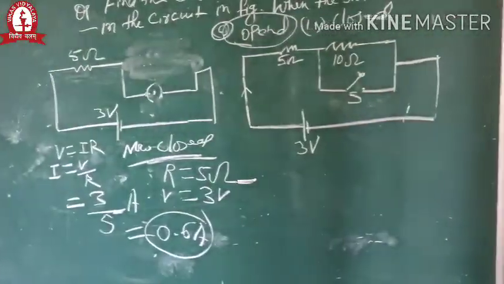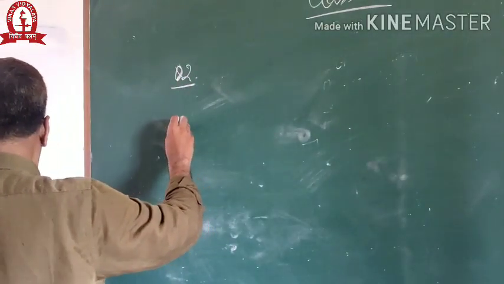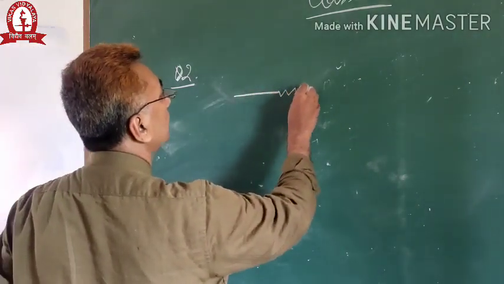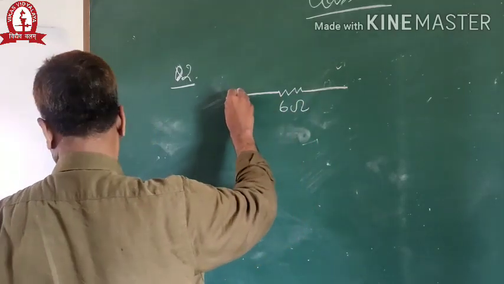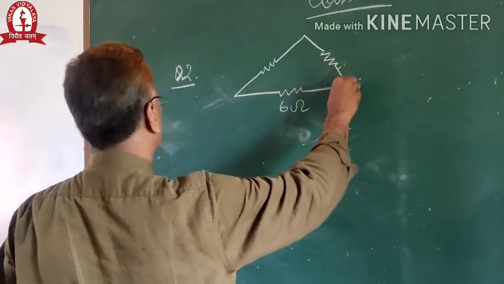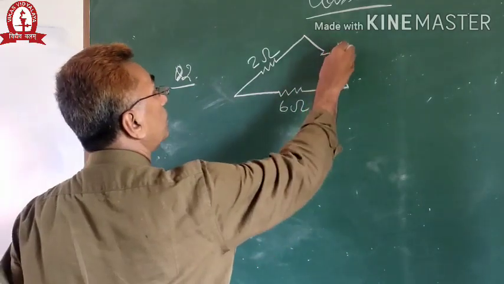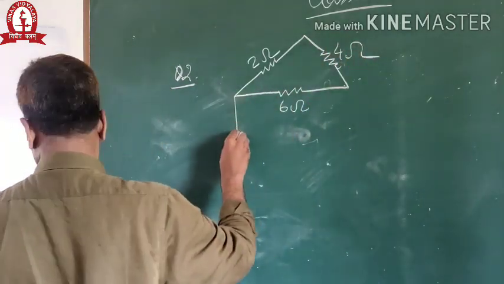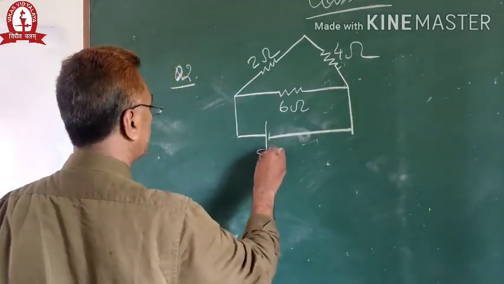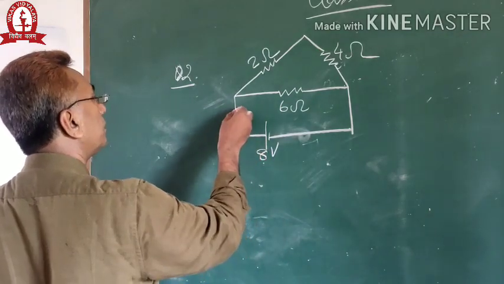Okay, note down this. Question number 2. Now, in the given figure, 6 ohm, 2 ohm, 4 ohm, 8 volt, right, and current through this.